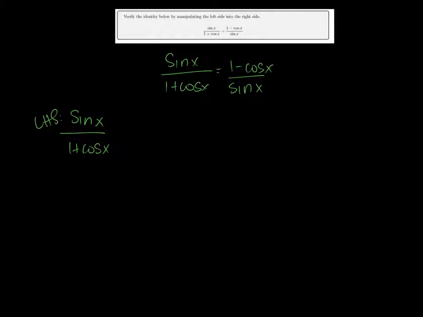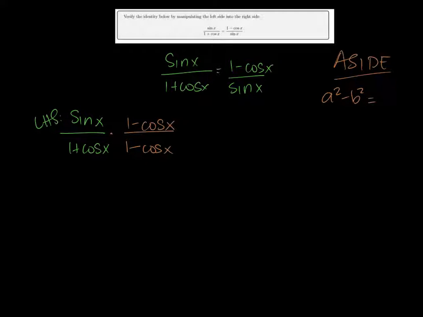And what I'm going to do is multiply this by 1 minus cosine x. So remember that if I have the difference of two squares, I can factor it into a plus b, a minus b.